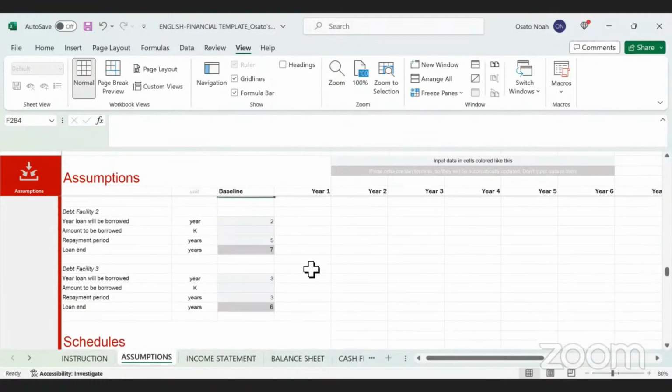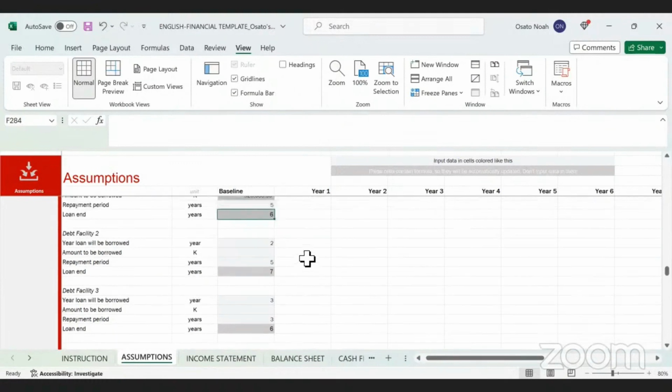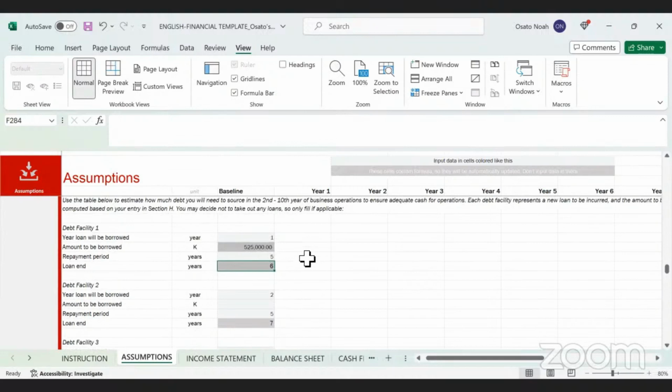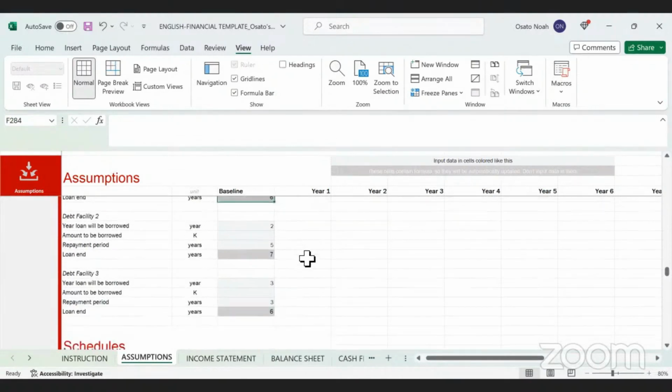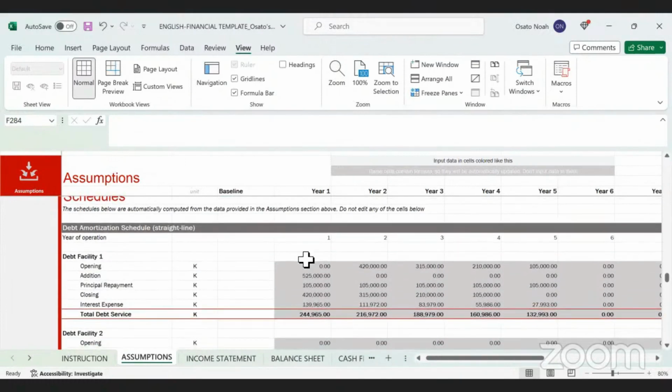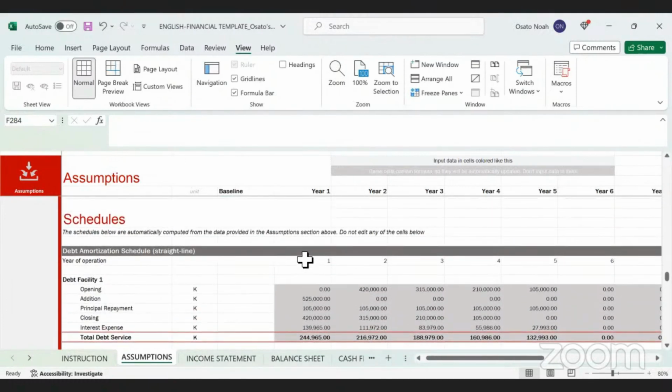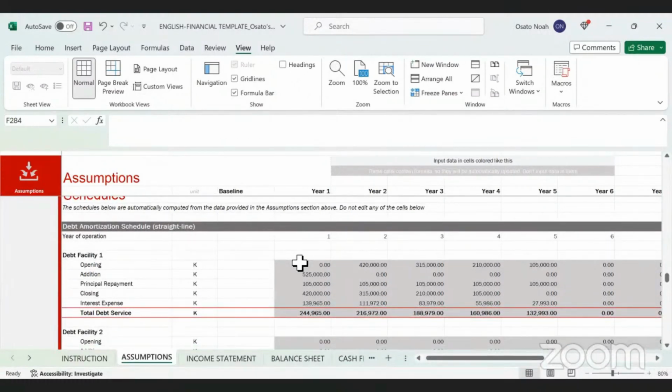Now, remember, there are three production lines, but we just picked only debt facility 1. We are not taking additional debt, just one debt, but you have the opportunity to take three types of debt. So the schedules now, all of the things we have put together, this is the debt schedule and the amortization of the debt. Year 1, the opening is 0, definitely.